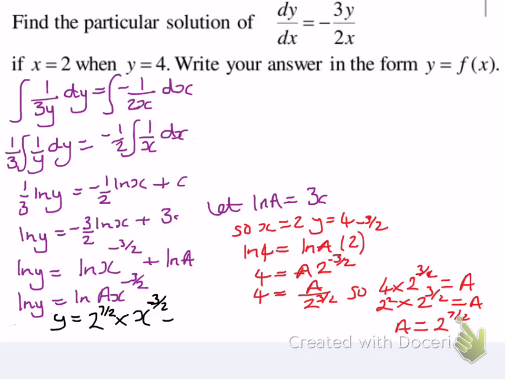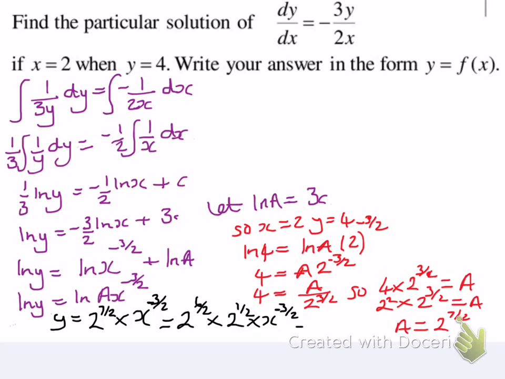And just showing, I like to show where I get my answers from. So 2 to the 7 over 2 I can write as 2 to the 6 over 2, which is 8, multiplied by 2 to the half, which is root 2, times x to the minus 3 over 2.